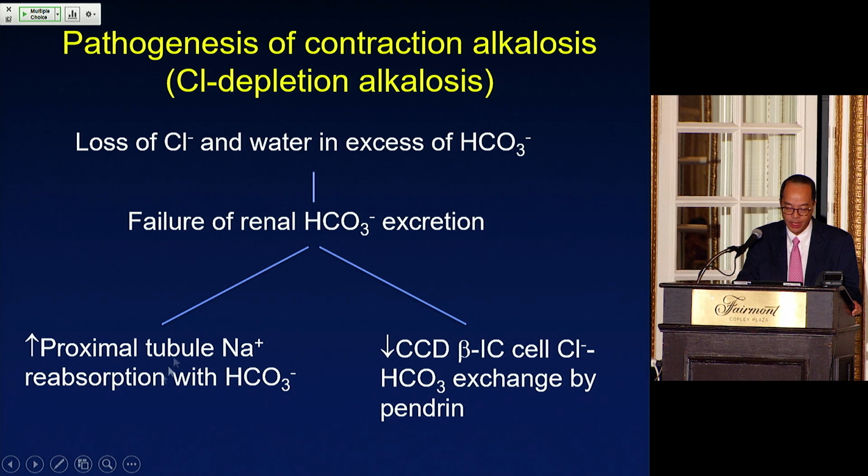So one is that when you're volume depleted, you're trying to conserve sodium. So the renal tubule tries to reabsorb sodium, and it does so with bicarbonate. A second, which I don't have here, is that your aldo levels get high, and that causes, again, reabsorption of sodium in the collecting duct in exchange for hydrogen ion secretion.